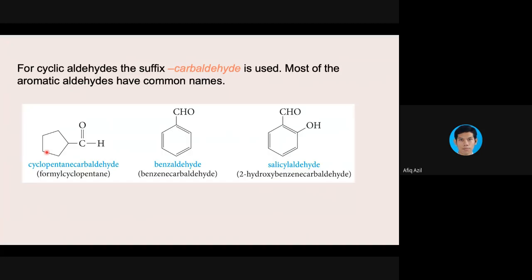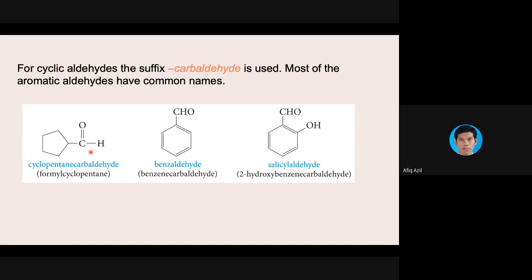But for cyclic, for example, you have C double bond O H, and the R group is a cyclopentane. Why cyclopentane? There are 5 carbons, 1, 2, 3, 4, 5. It has become a sort of substituent, so the name will be cyclopentane carbaldehyde. This is to denote the carbaldehyde.